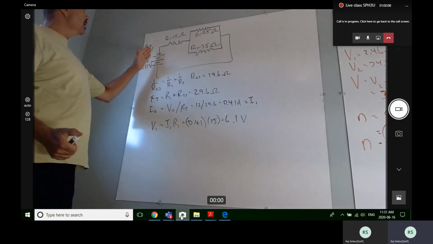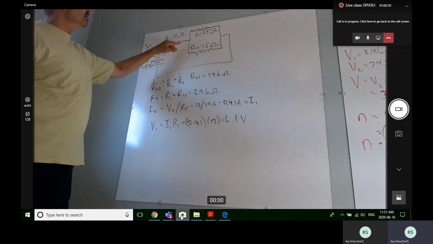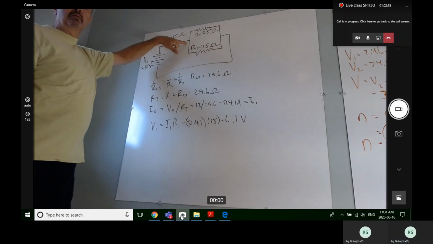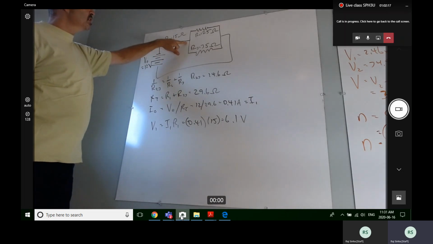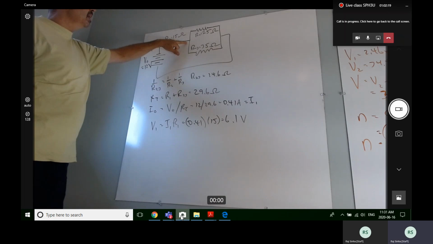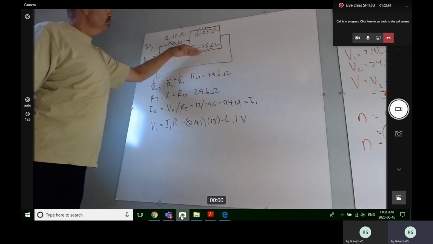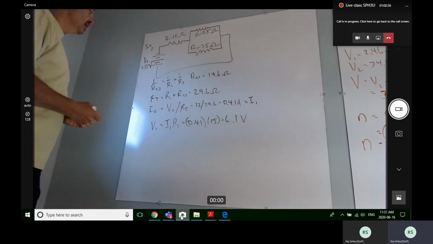So electrons leave here with 12, they dump 6.1 here. So when they get to here, they have 5.9 left. Right, 12 minus 6.1. So R2 and R3 will use the other 5.9.